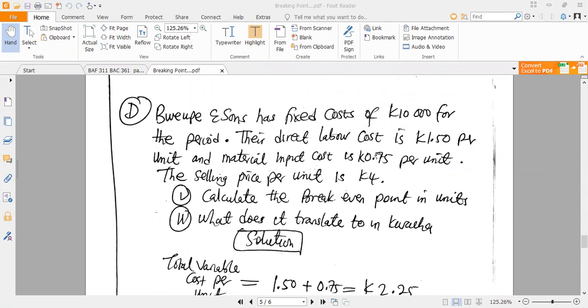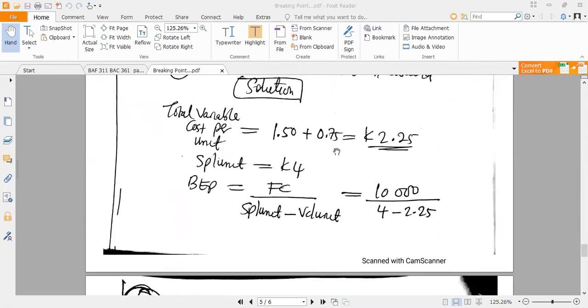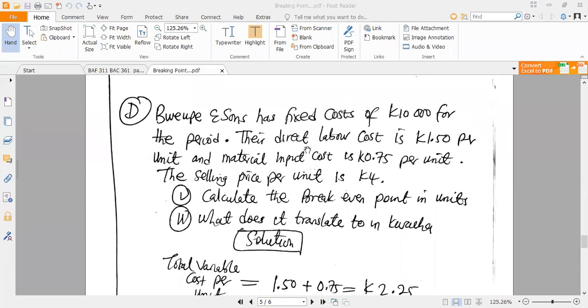So the total variable cost per unit is 1.5 plus 0.75, which gives 2.25. The 1.5 is the labor. For you to produce a unit, there's a labor cost per unit, and there is also a material cost per unit. You understand that?